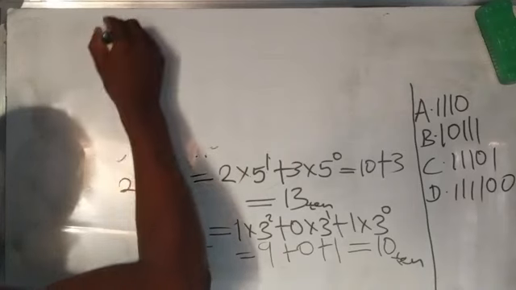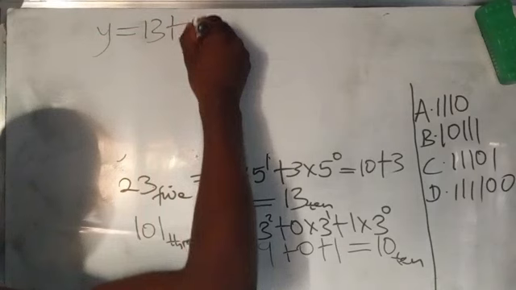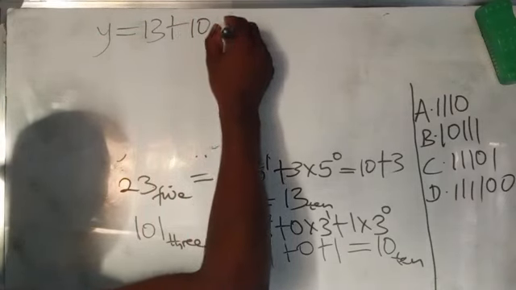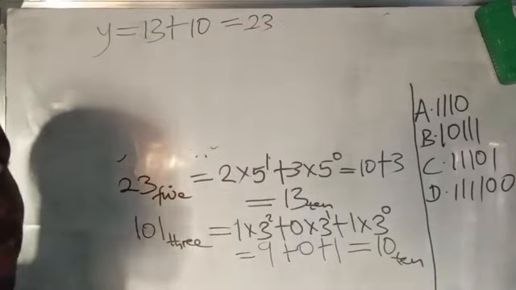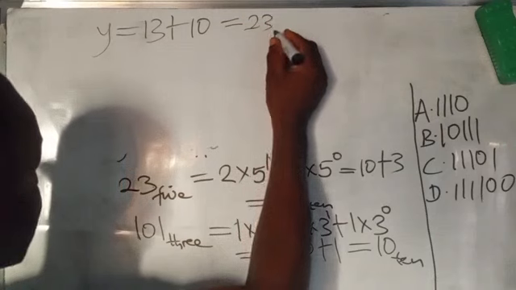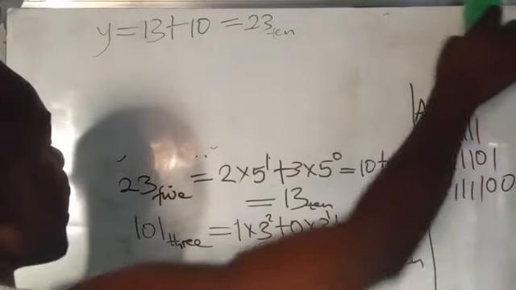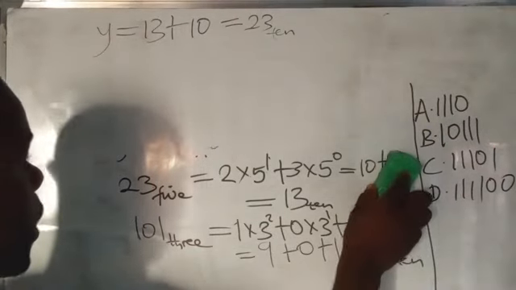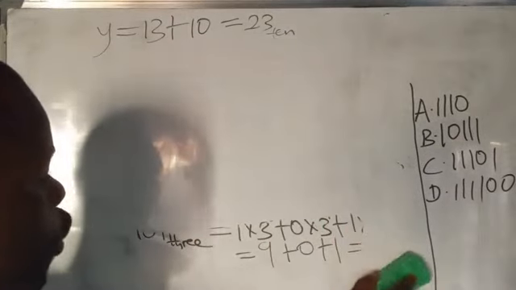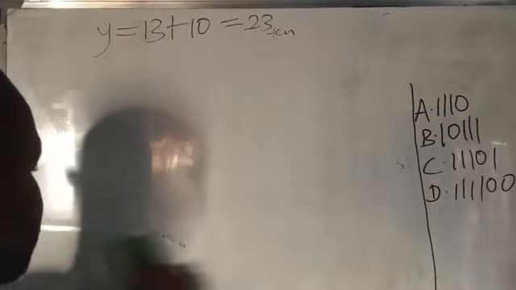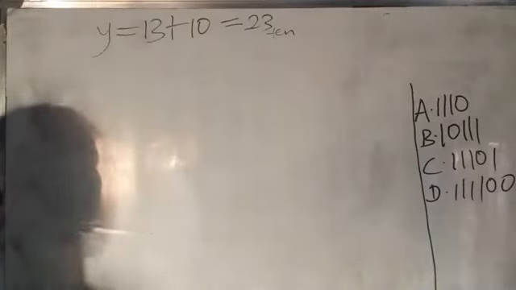That is, y is now equal to 13 plus 10 base 10. 13 plus 10 will give you 23 base 10. But the instruction is that we leave the answer in base 2, and not in base 10. So we now convert base 10 to base 2.